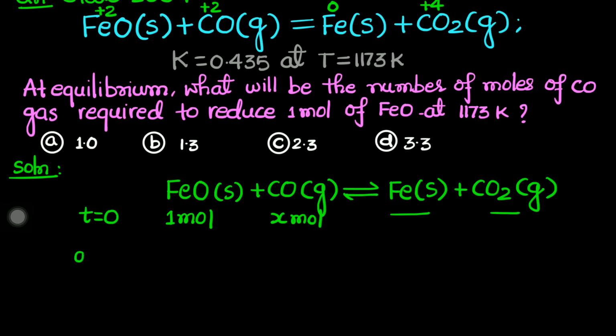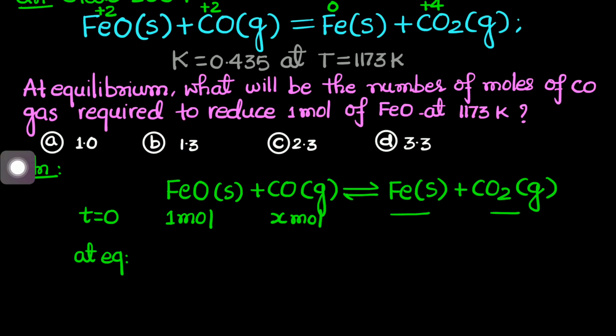Now at equilibrium, when the reaction attains the equilibrium, what will happen? All the FeO will get reduced to iron, because it is given that we need the moles of carbon monoxide gas required to reduce 1 mole of FeO at 1173.